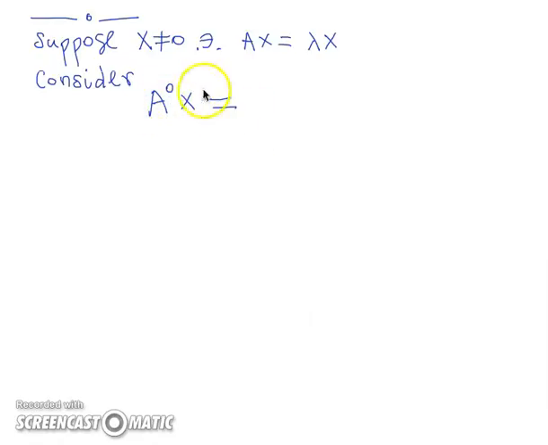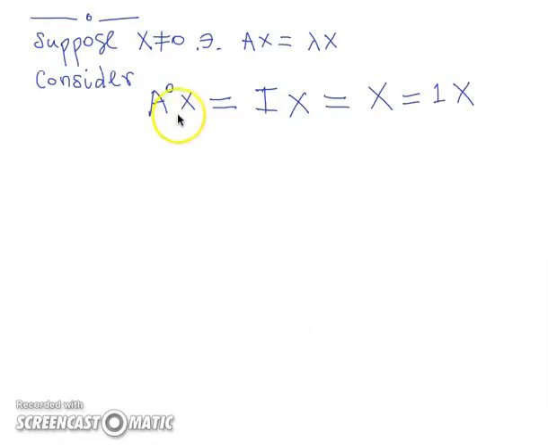So A to the 0 multiplying that eigenvector corresponding to lambda would be the identity multiplying that vector x, which gives us the vector x. But we can also think of this vector x as 1 times x.